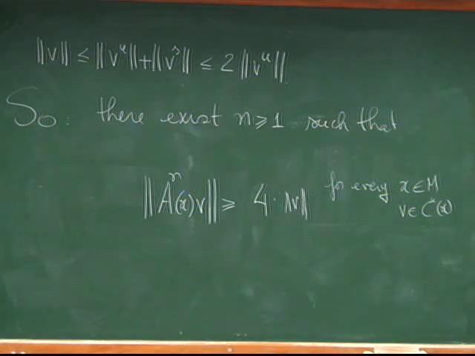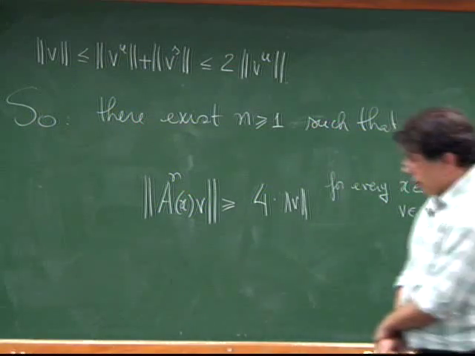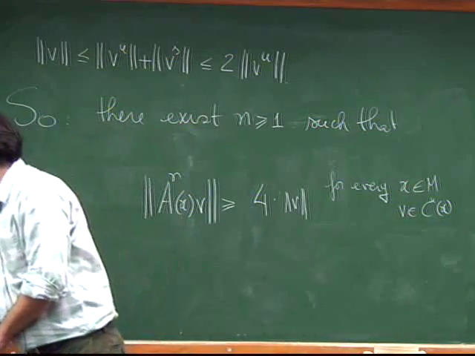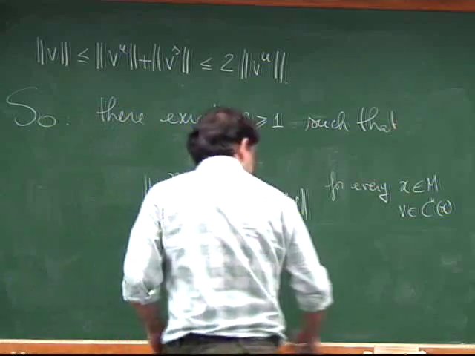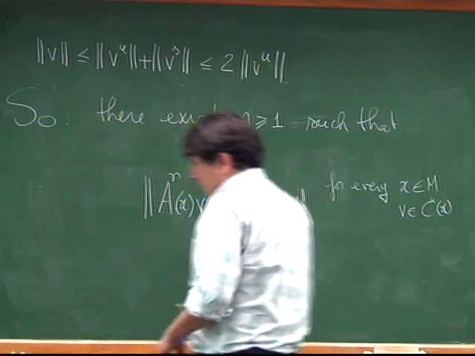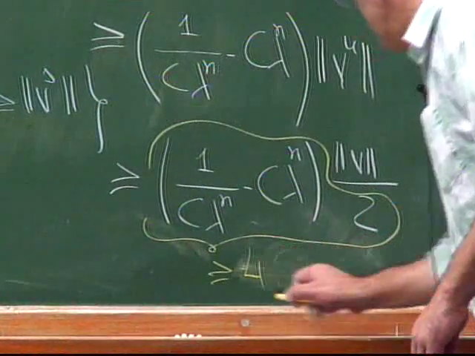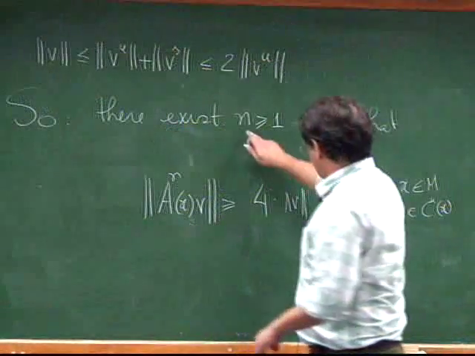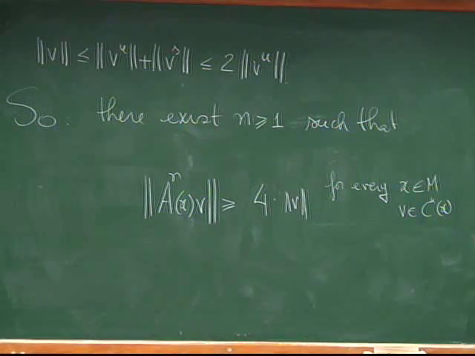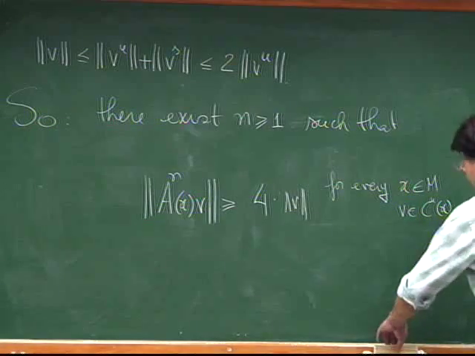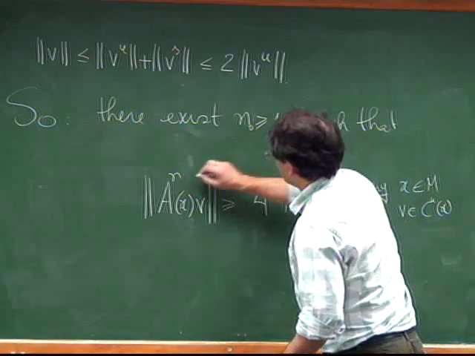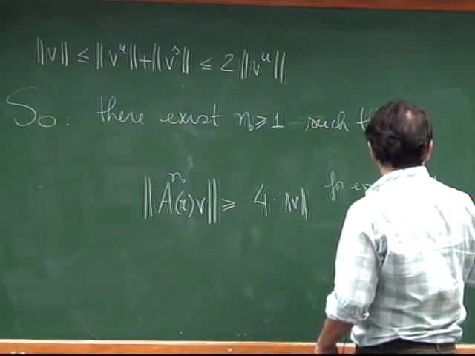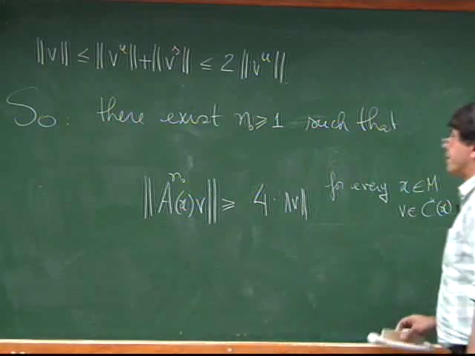Okay, maybe this way it's easier to believe. I'm just saying that this becomes bigger than 4, if you fix n, and n does not depend on x.